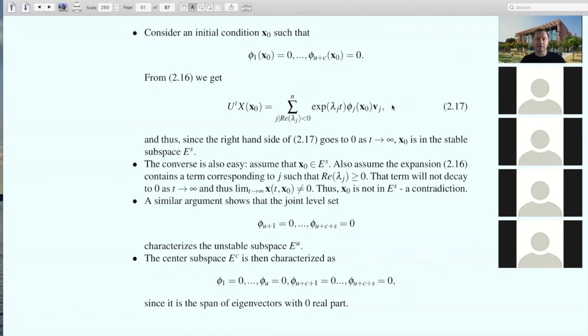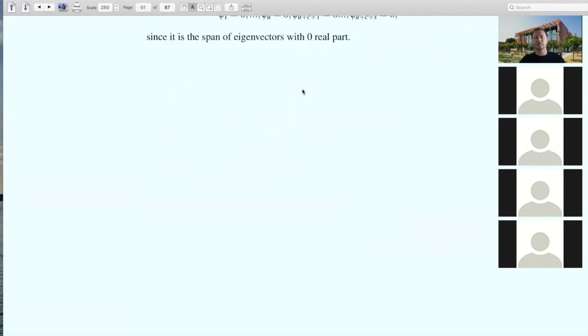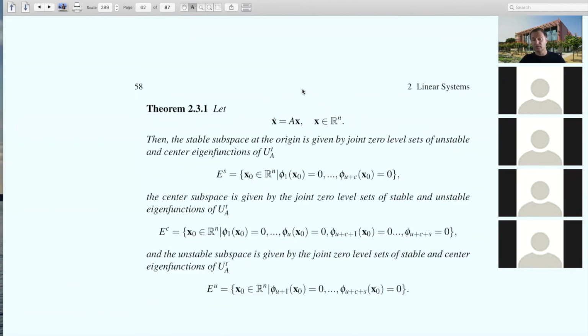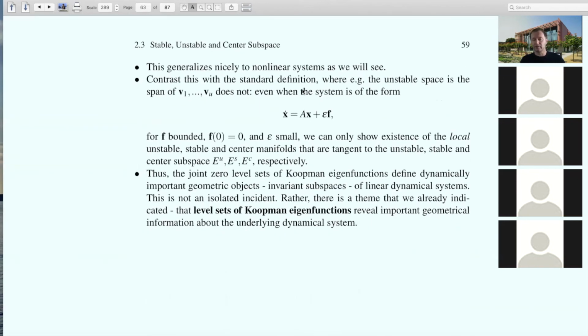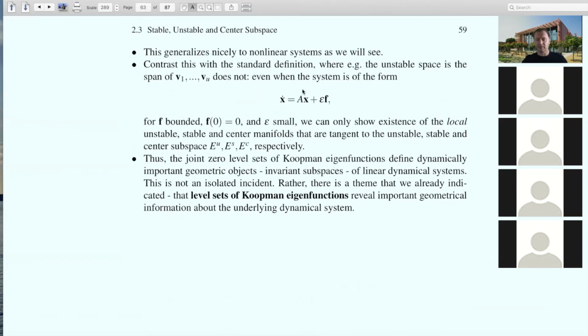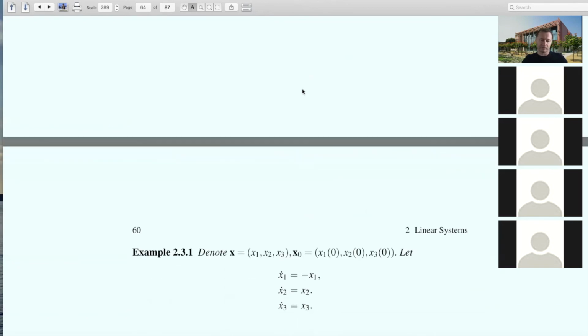You'll see that the analogy is pretty potent, and that in the context of linear systems, we can get away with having n terms of our expansion. In the nonlinear systems, we still have a spectral expansion that is quite valuable and enables us to define these geometric objects like stable, unstable, and center manifolds.